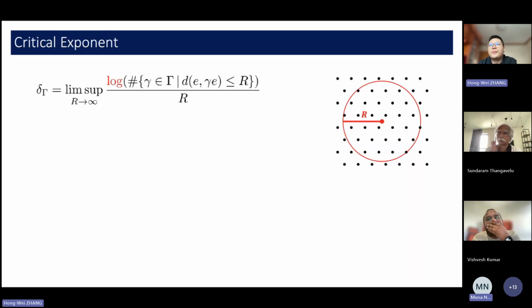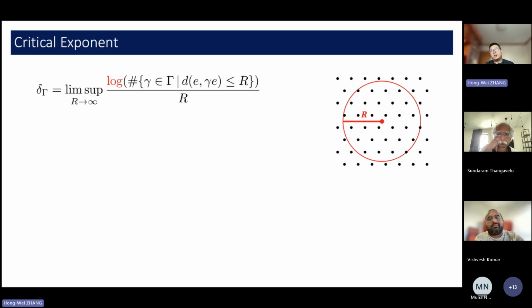So we go back to counting the lattice points in a ball in the Euclidean setting. In the Euclidean setting, we know that counting the discrete points grows polynomially fast.